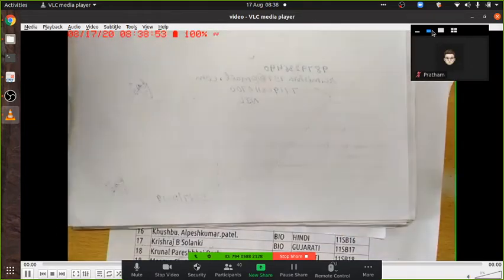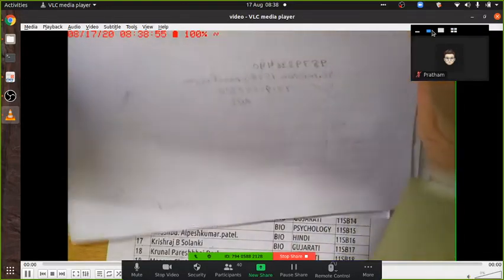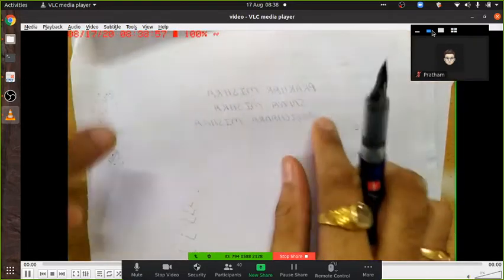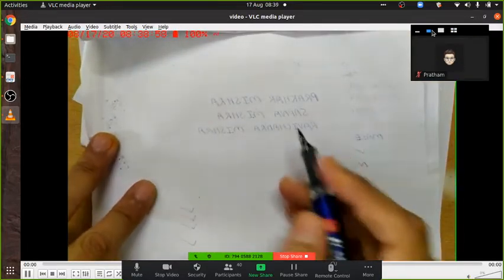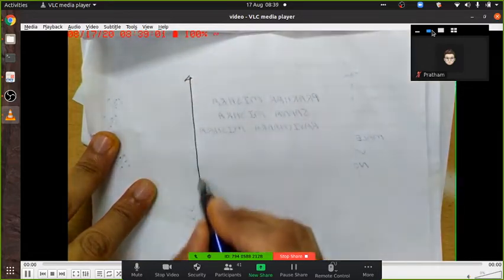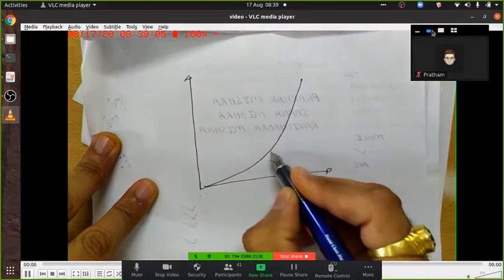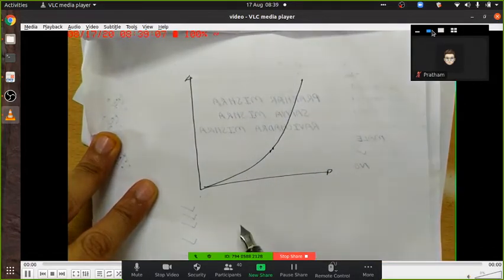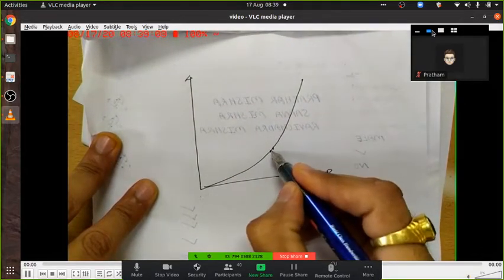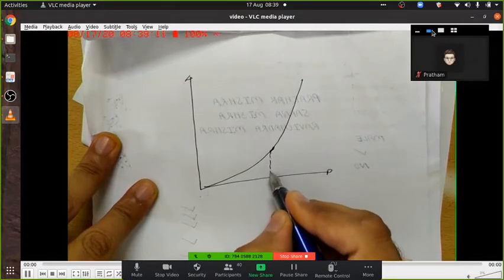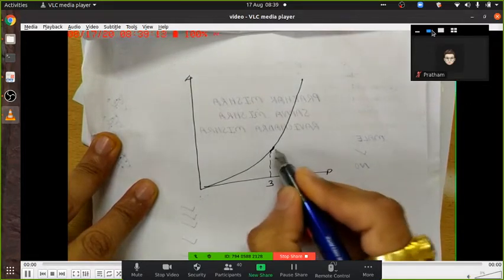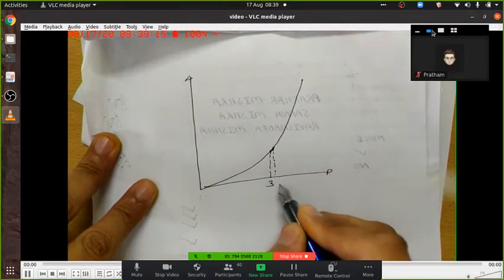One step further. Same graph. I consider 2 points very, very close. So this might be 3 second. This was 3.001 second.